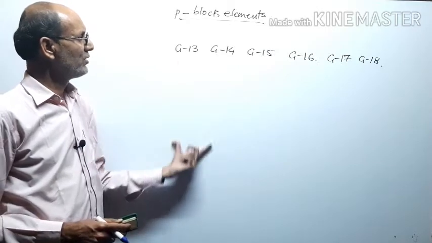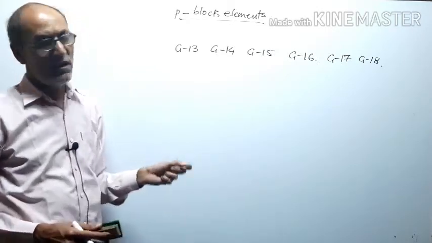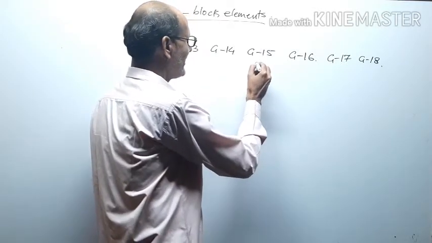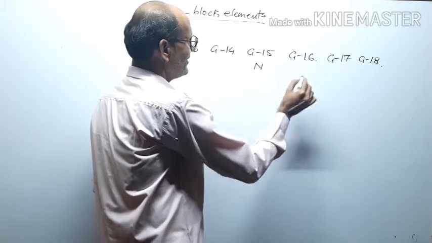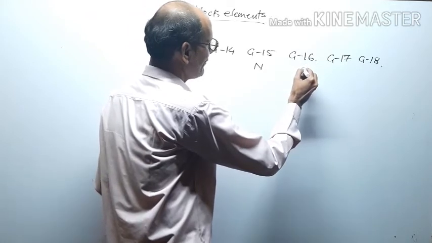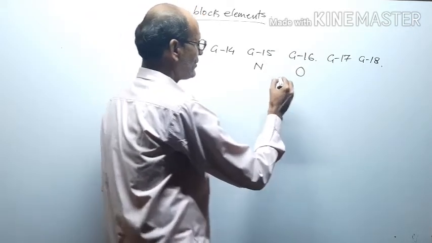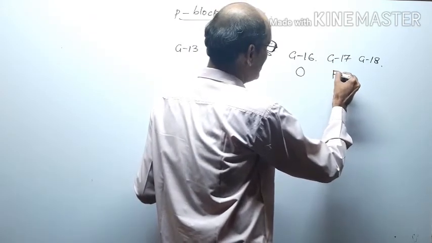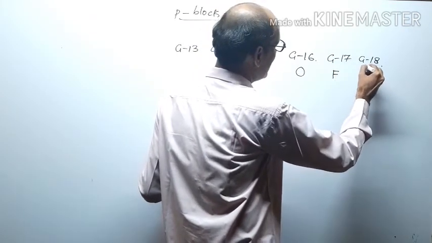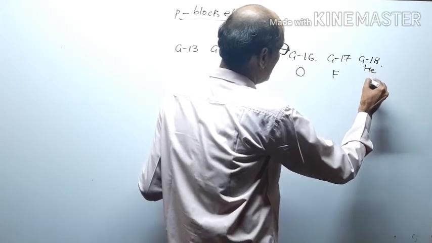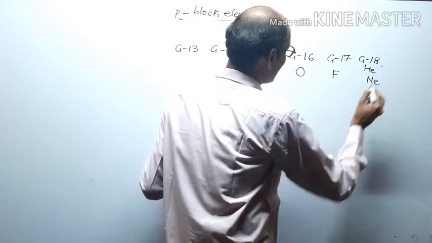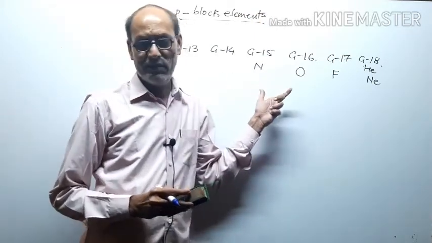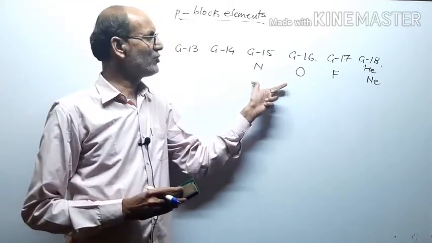These two groups we study in class 11th, while in class 12 we have to study group 15, that means nitrogen family, group 16, that means oxygen family, group 17, that means halogen family, and group 18, that means noble gases, or you can say inert gases. So there are 4 groups which we have to study in class 12.